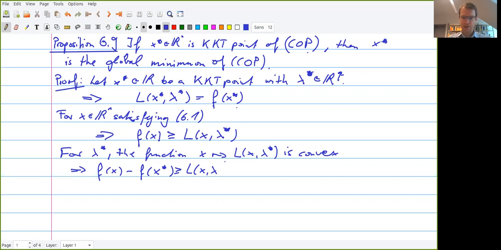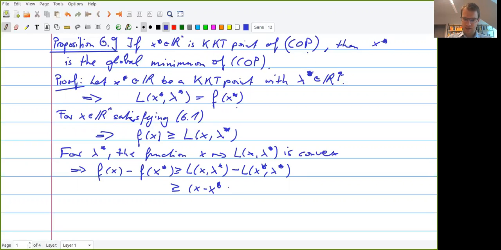these two observations. So we can express this as the Lagrange function evaluated at x, lambda star minus the Lagrange function evaluated at x star, lambda star. Well, but this is now a convex function, as we just have observed.